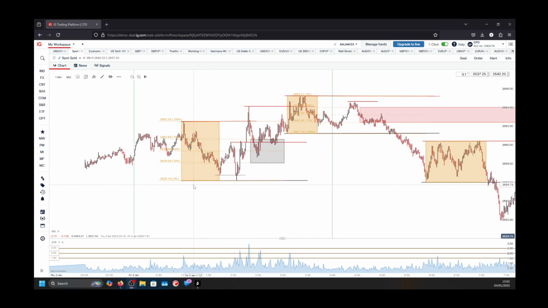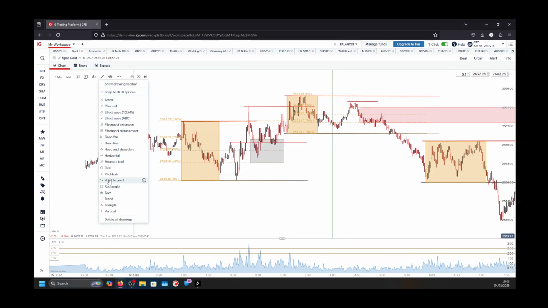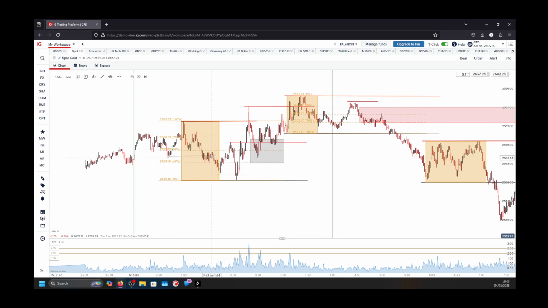And what I'm doing, like on this example here, this is Friday, the 1 minute chart on spot gold, we get price working down until it gets to this point where it turned around and went up and broke through structure, this structure point here, because it was this high that was responsible for creating this low.